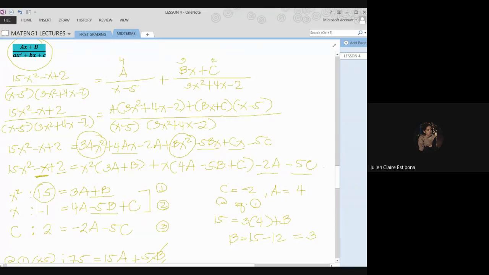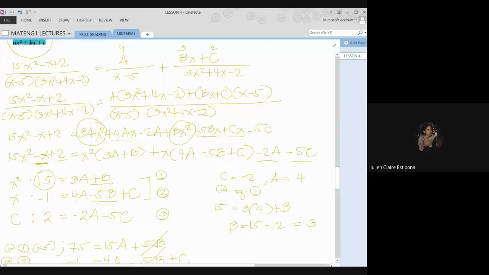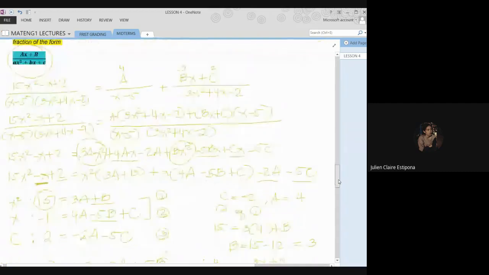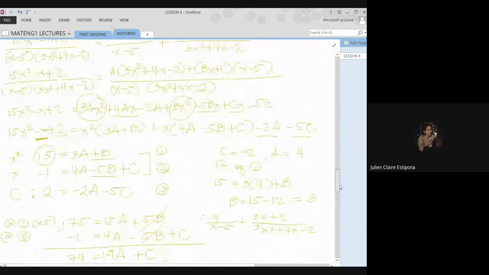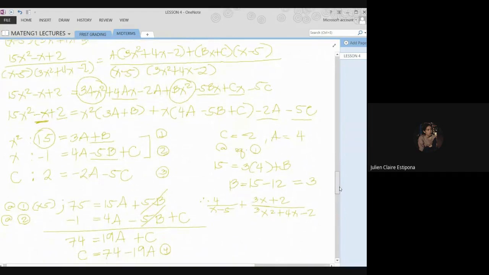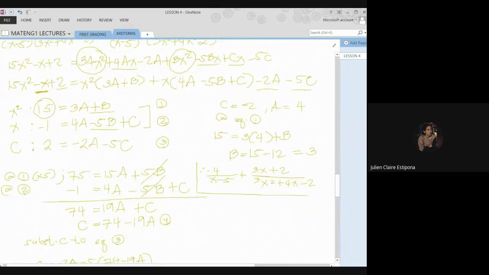That is 4 all over x minus 5 plus 3x plus 2 all over 3x squared plus 4x minus 2. So that is the value of the partial fraction of the expression 15x squared minus x plus 2 divided by x minus 5 multiplied by 3x squared plus 4x minus 2. So this is our partial fraction for that one.